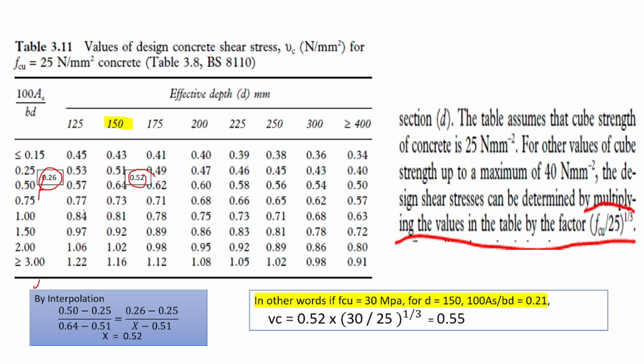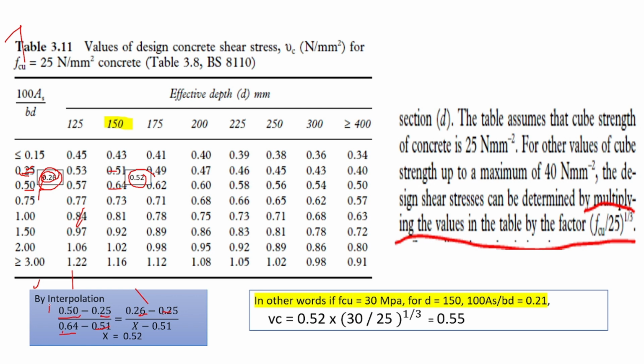Okay, we have these values, how are you going to interpolate. 0.5 and 0.25, because 0.26 is between 0.5 and 0.25. The corresponding value for 0.5 is 0.64, and then this one is 0.51. So 0.64, 0.51, and then we'd like to know the value at 0.26, minus 0.25, where 0.25 is the limit here.